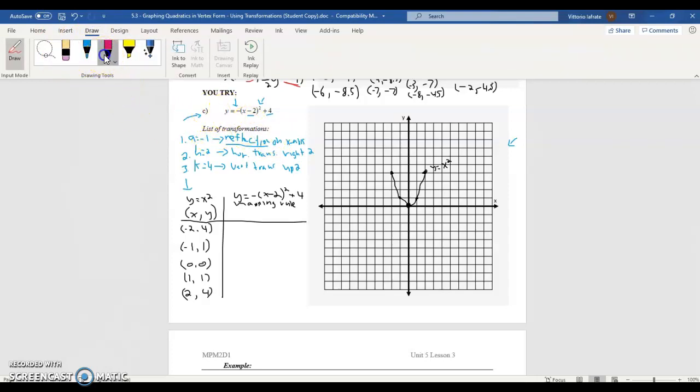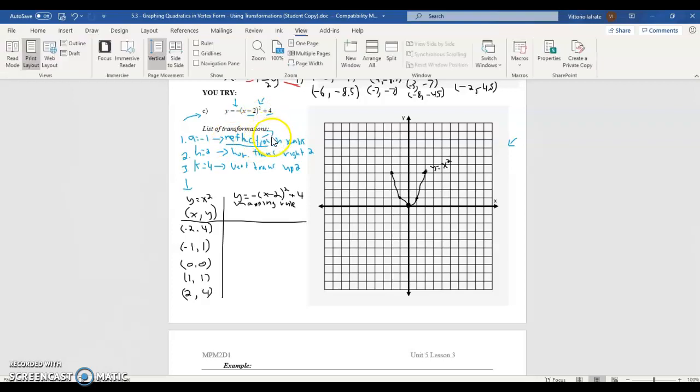Compressions and stretching affect our y values. And reflection also affects our y values, not x values, I should say, our y values. So we're going to modify our y value in our mapping rule to reflect the reflection or the compression or stretching that we see.